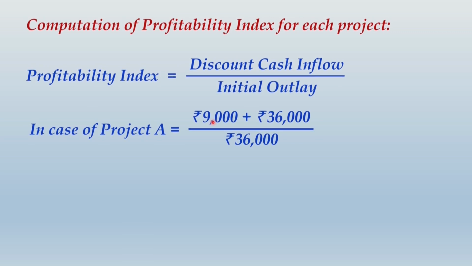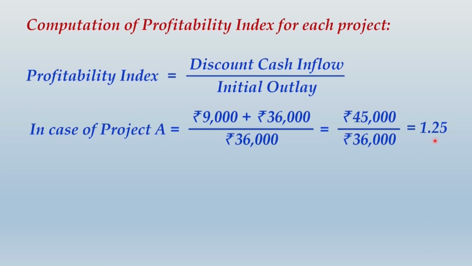So if PV of cash inflow is not known, you can take NPV plus PV of cash outflow. The aggregate of these two will give you nothing but the PV of cash inflow, or the discounted cash inflow. When you do this calculation, in the numerator you get 45,000, in the denominator you get 36,000, and the profitability index for project A comes to 1.25.